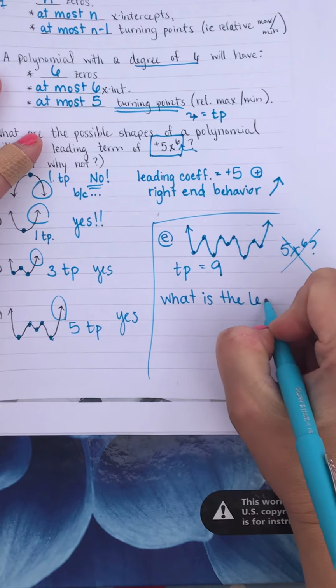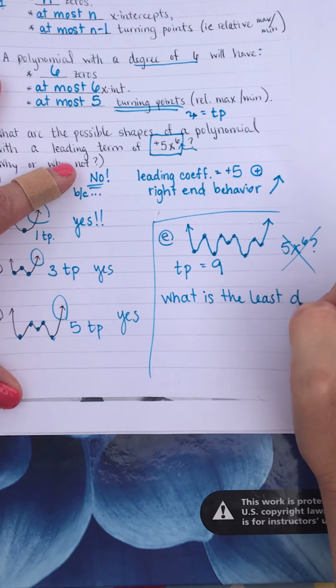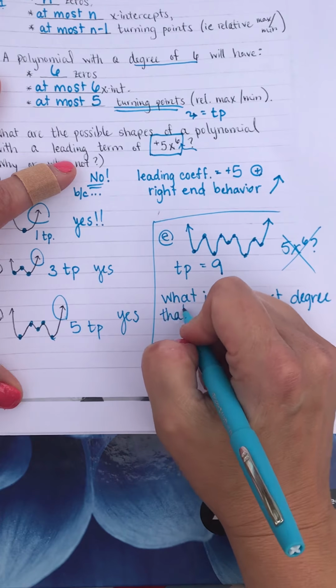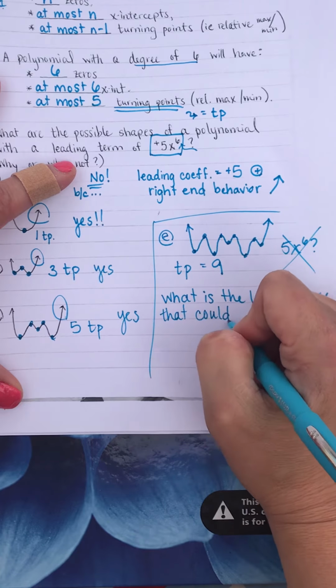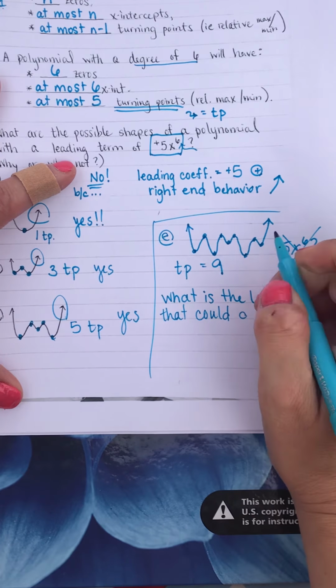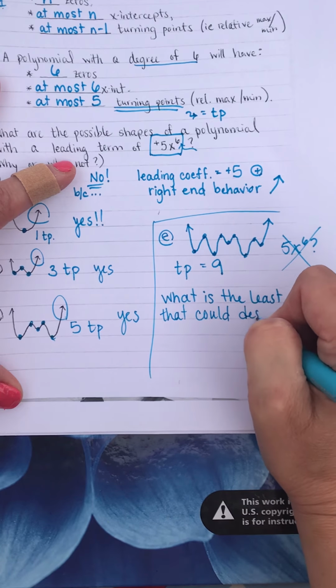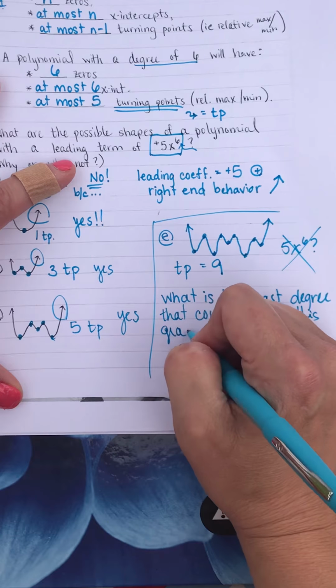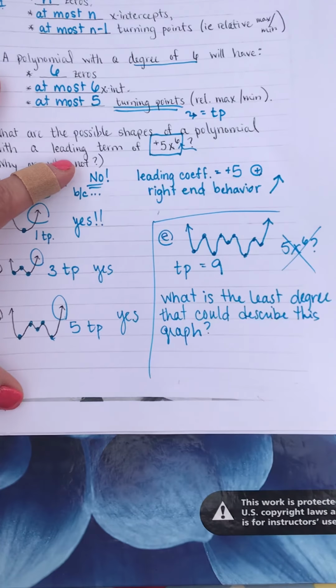So the question that I want to ask you is, what is the least degree that could maybe describe this graph? That's a bad way of saying it.